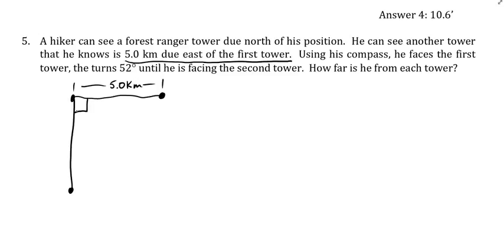Using a compass, he faces the first tower, and then he can measure that he turns exactly 52, or about 52 degrees, until he's facing the second tower. So there's your angle. So now I've got a side length and an angle, and I can solve for other stuff. How far is the hiker from each tower?